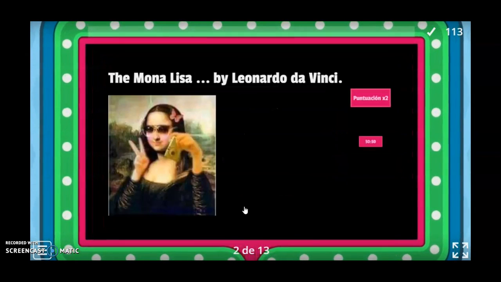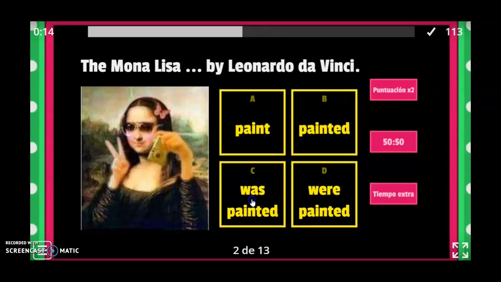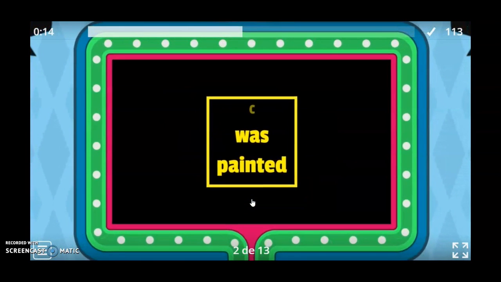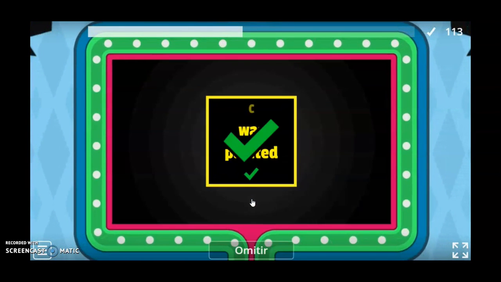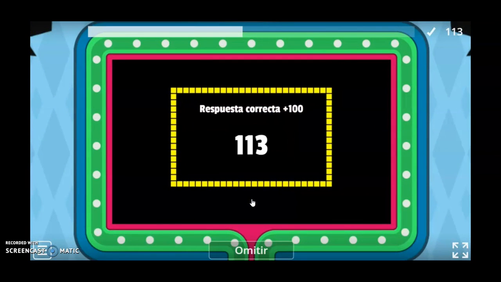Question number 2. The Mona Lisa was painted by Leonardo da Vinci. Choose the correct answer. And the correct answer was painted. And that's your points.